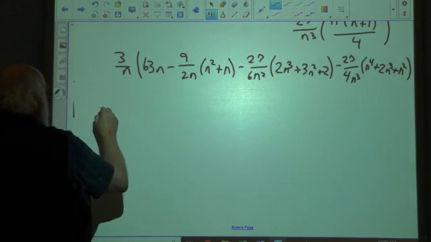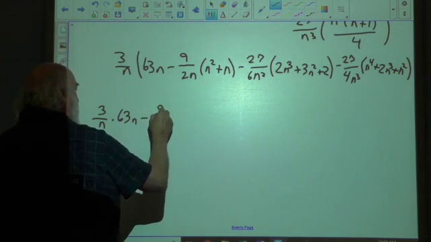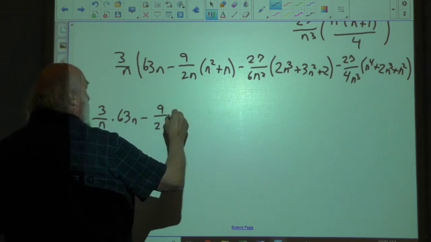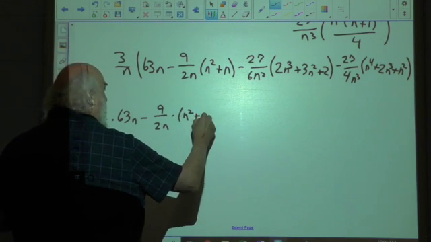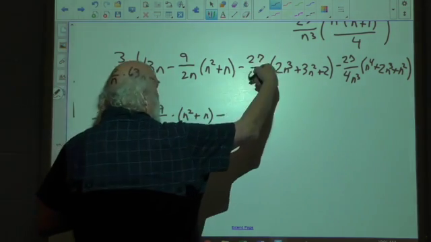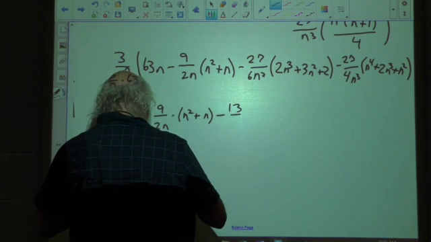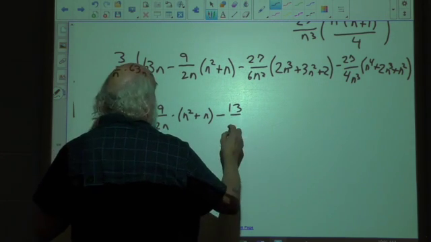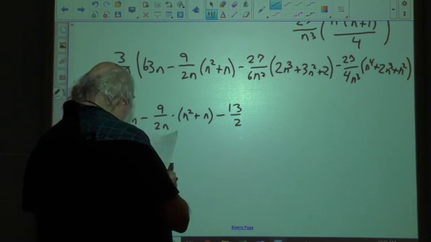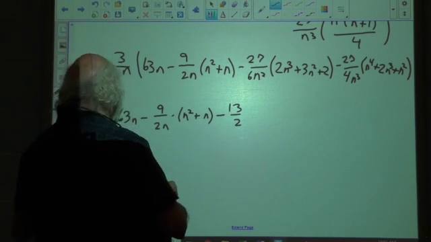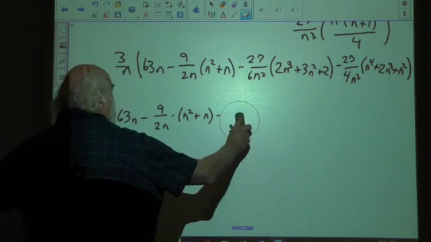Well, actually, maybe I'm going to write it out. 3 over n times 63n minus 9 over 2n times n squared plus n minus, now this can be reduced by 3 into both. Oh shoot, I forgot to multiply that by 3 over n back up here.